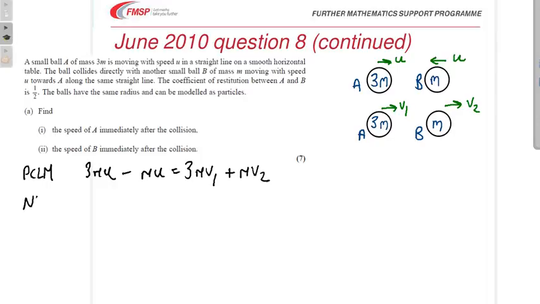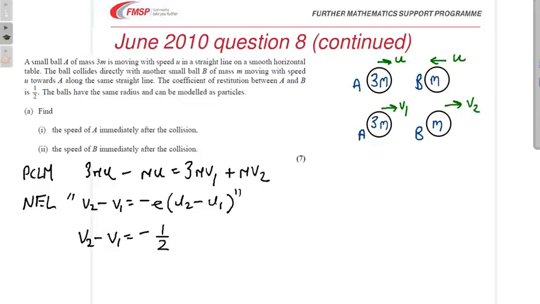Then Newton's experimental law, quoting it in the form v2 minus v1 equals minus e times (u2 minus u1). That will give us v2 minus v1, the speeds after collision, is minus a half times the speeds taken away in the same order before. Being careful with the signs, so minus a half times the speed of B before, which is minus u, minus the speed of A before.